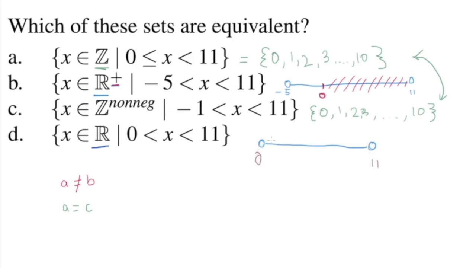That's why we have these open circles here. And then it's any number that appears on this expanse. So you can see that it is exactly the same as our example in B, right? Because it's all the real numbers between 0 and 11, not including 0 and not including 11. So B equals D.